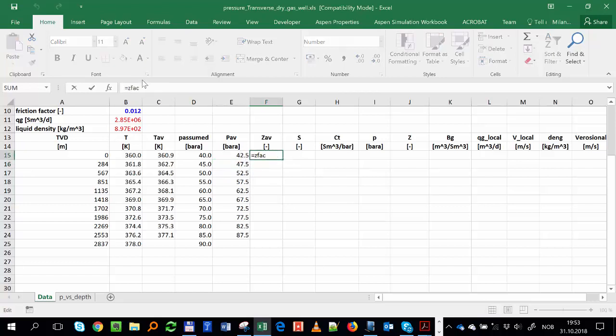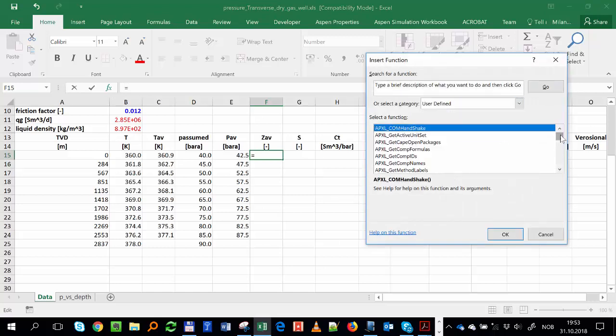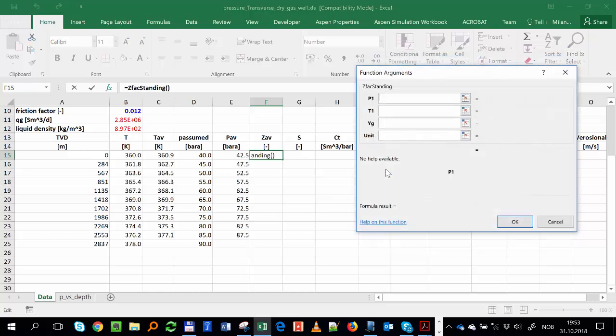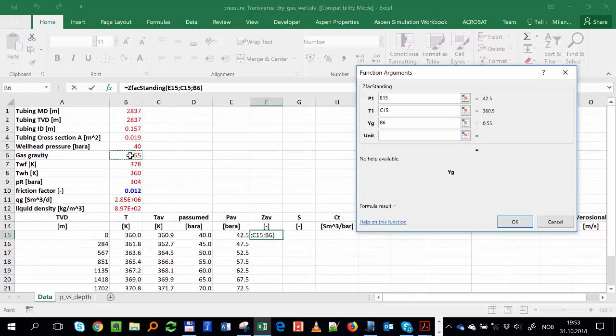C factor, so I find the function to calculate the deviation factor, which is C factor standing. The pressure of that segment, the average pressure, the average temperature of that segment, and I have to be careful with the units, it is bar and Kelvin. The specific gravity of the gas is someplace here, and that I have to block.